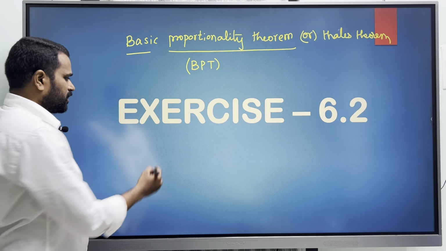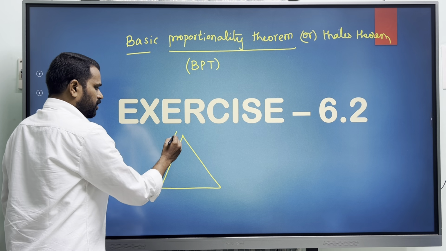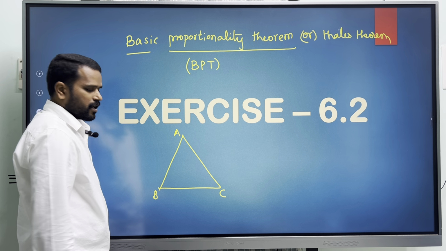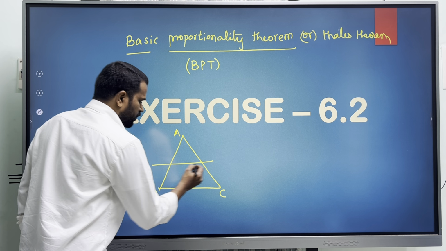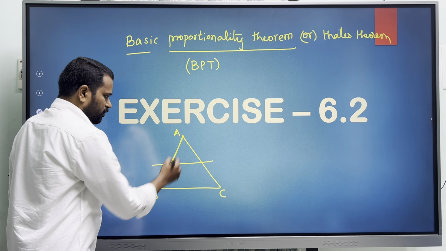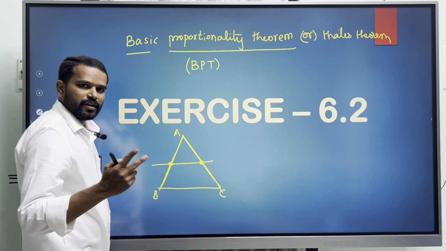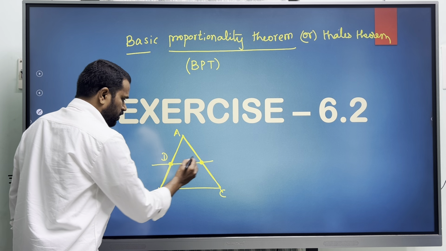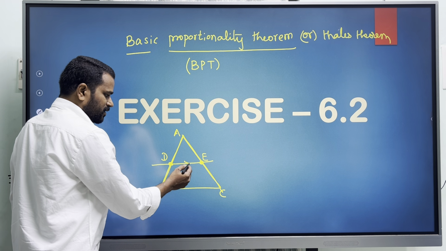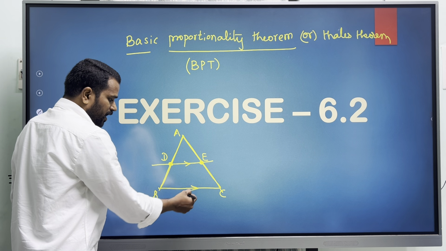Let us understand. See here. So if I have a triangle ABC, and there is a line which intersects two sides of a triangle at two distinct points. Suppose they are D, E, and this line, which is intersecting the other two lines, is parallel to the third side.